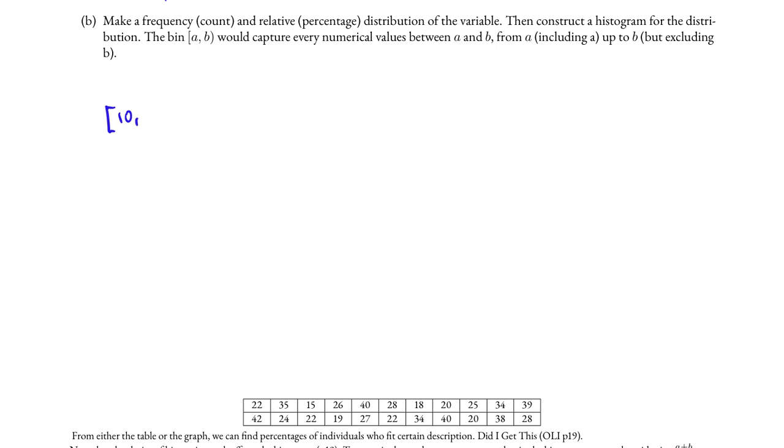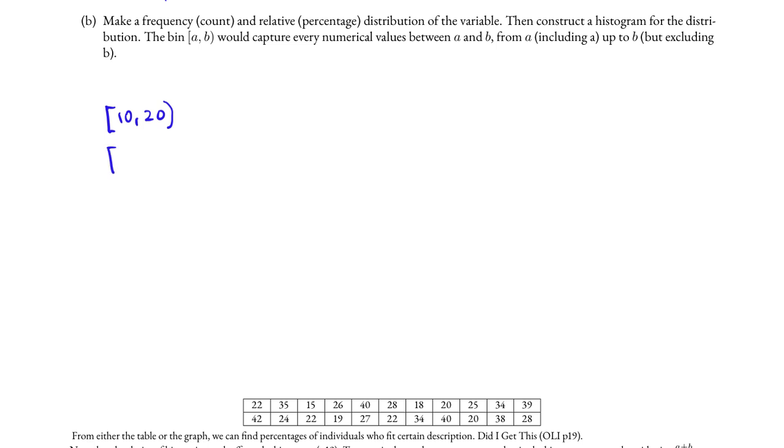We would use the notation open bracket 10, comma 20, close with a parenthesis. When we use the bracket, the number 10 is inclusive. When we use the parenthesis, the number 20 is excluded. And so that is why this interval consists of values from 10 to 19 only.